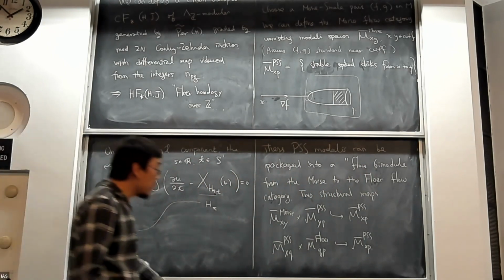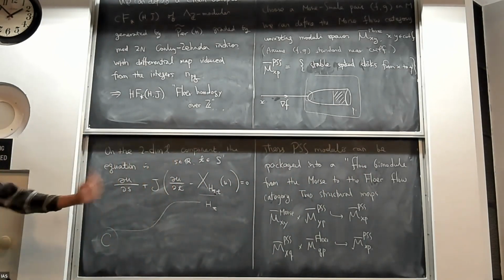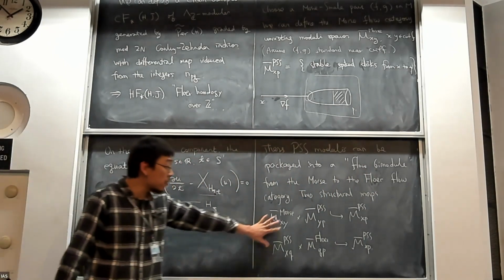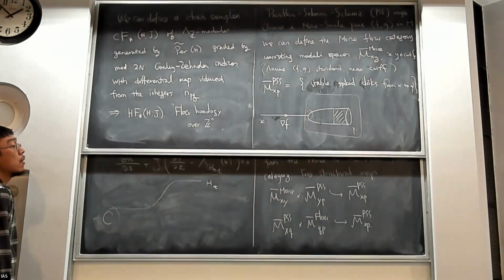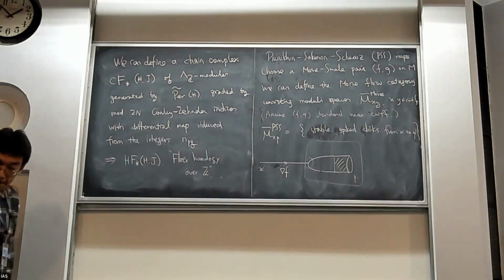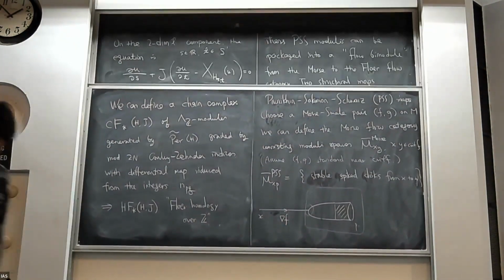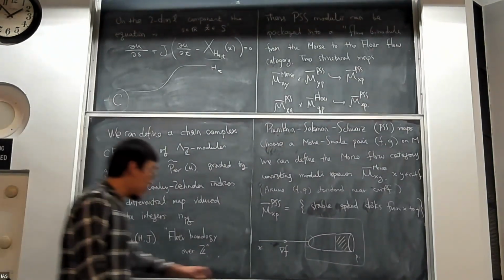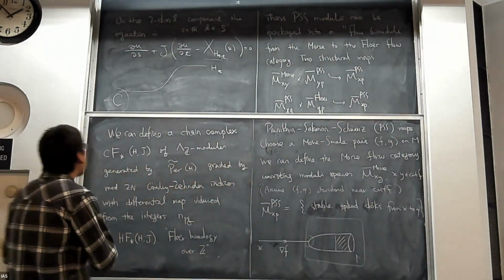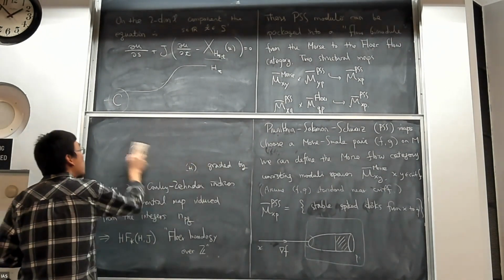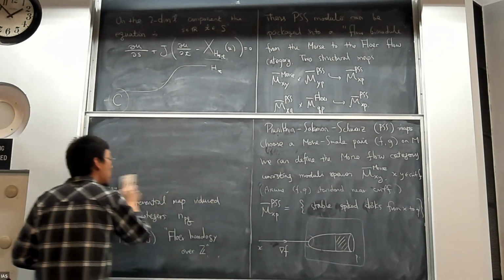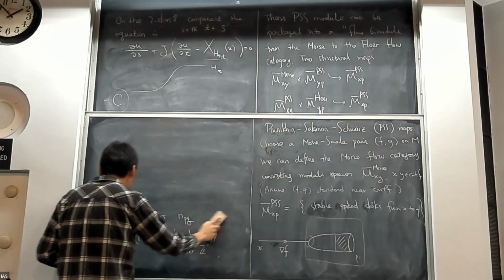And some compatibility conditions, like associativity conditions for those structure maps. So now on the Morse part, the moduli spaces are already regular, so there's no perturbation you need to do.